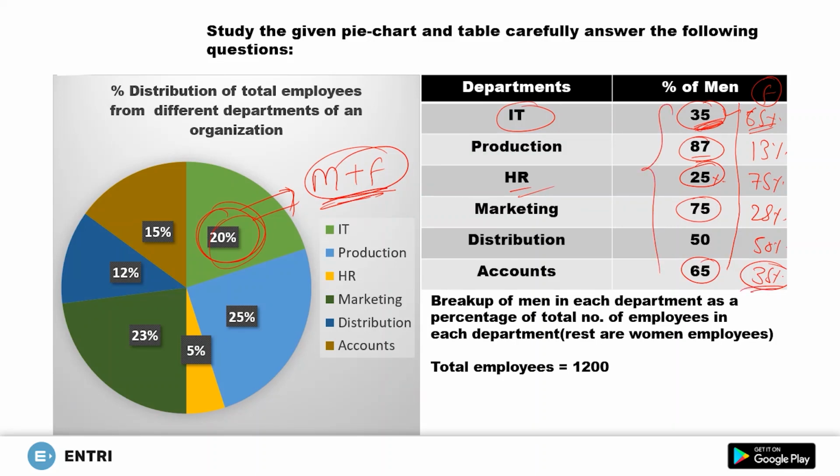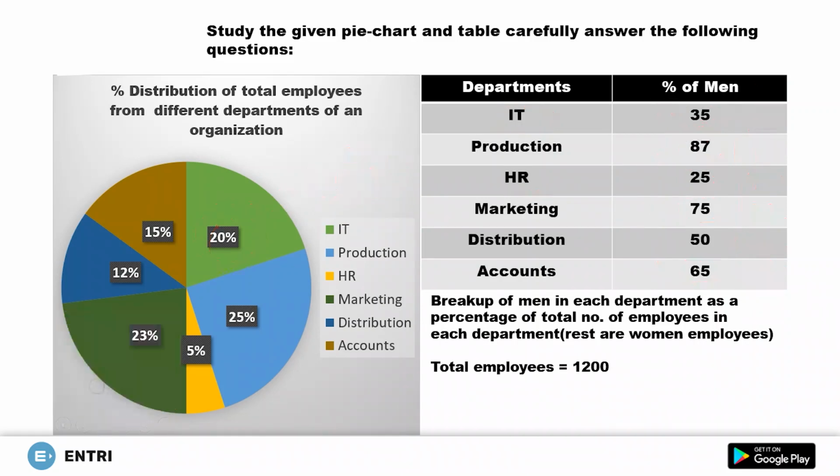Done. So now if I ask you to find out the number of females in the marketing department, how will I calculate? So you will calculate the total, which is 1200 into 23%.